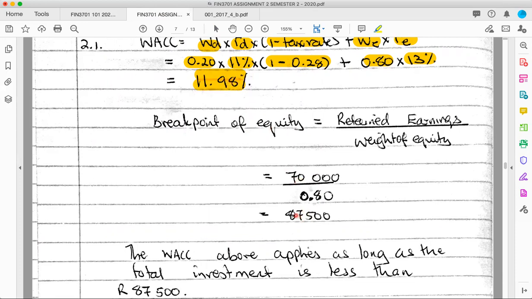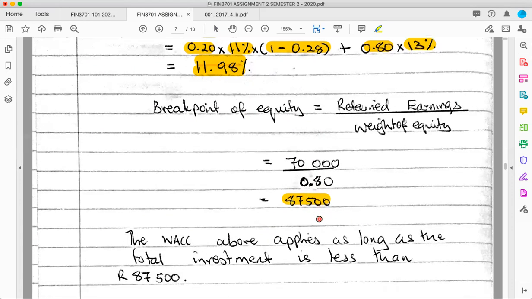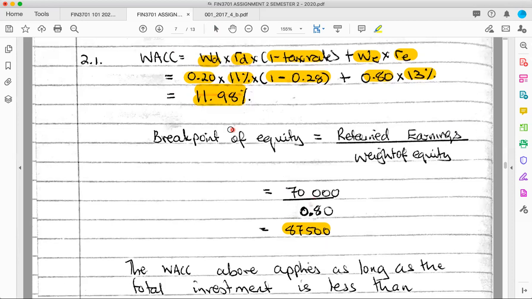So the breakpoint of equity acts as a guide. It tells us that this 11.98% only works up to a total investment of 87,500. If we go to a total investment which is more than 87,500, then this weighted average cost of capital will no longer be valid for us to make investment decisions because the cost of ordinary equity will go up.